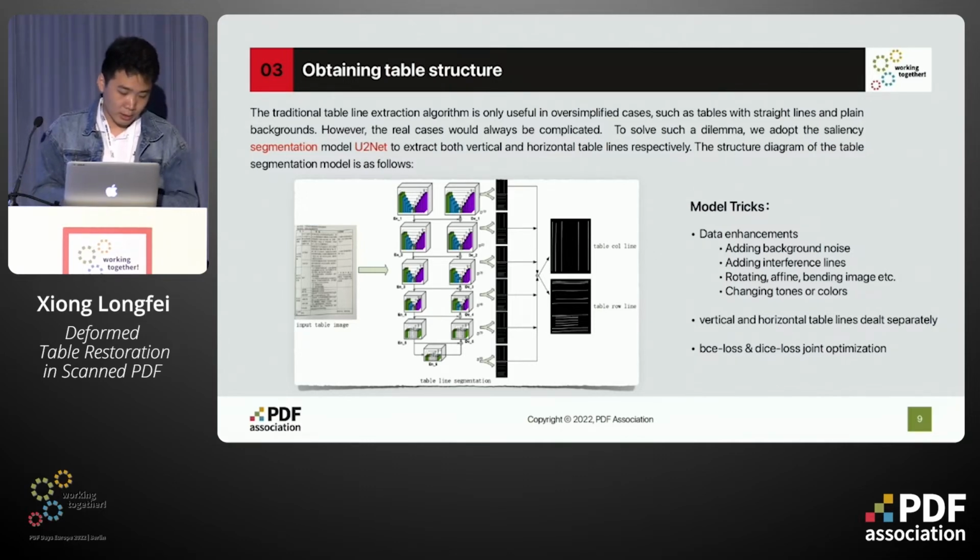Another trick is using BCE loss and dice loss for joint optimizing in model training.